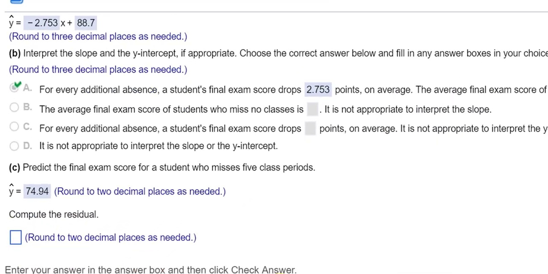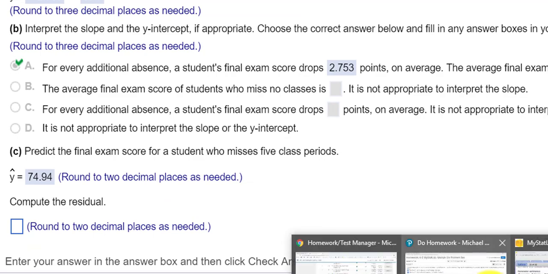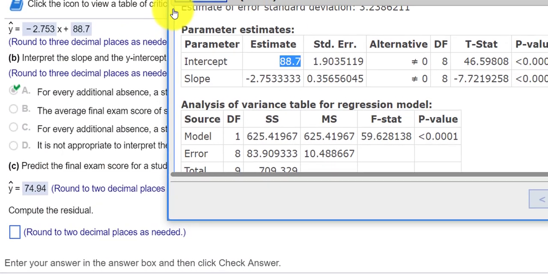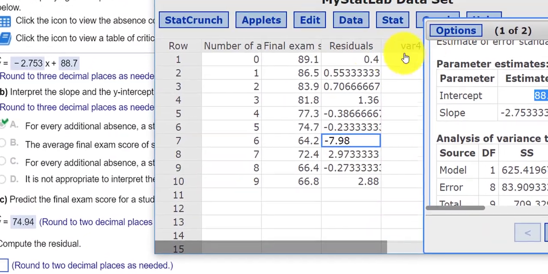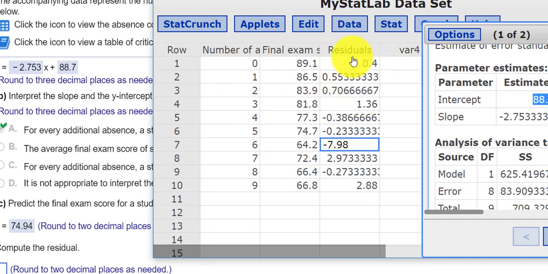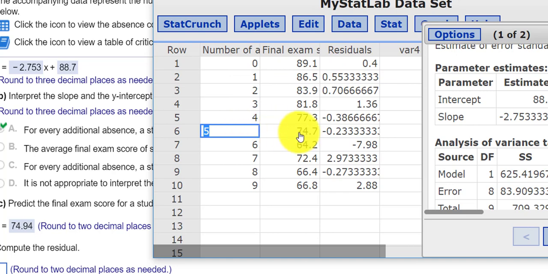And then it says compute the residual. So we've done that. If you look at our third column, this is the residuals. So we have to go down to someone who had 5 absences, and it looks like the actual score versus the score that's recorded by the model is about negative 0.233.